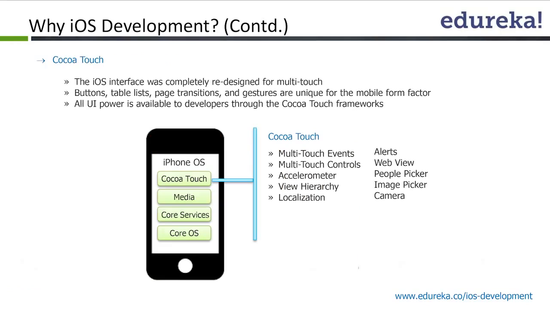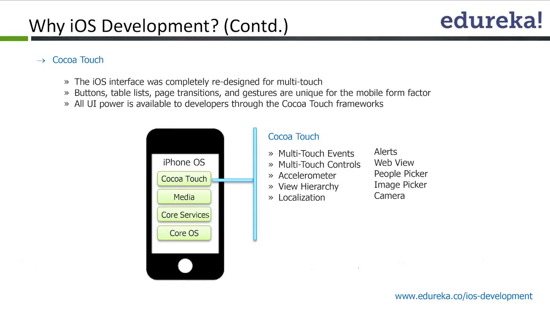Another one is the Cocoa Touch framework. We have 4 layers in our iPhone architecture, and Cocoa Touch is the top layer. This is nothing but the user interface, what the user will see on his device. Everything is defined in the Cocoa Touch framework.